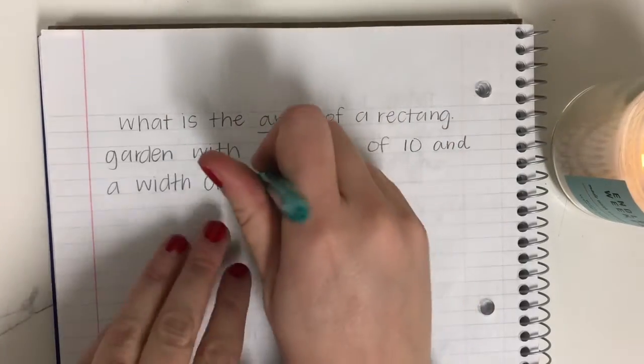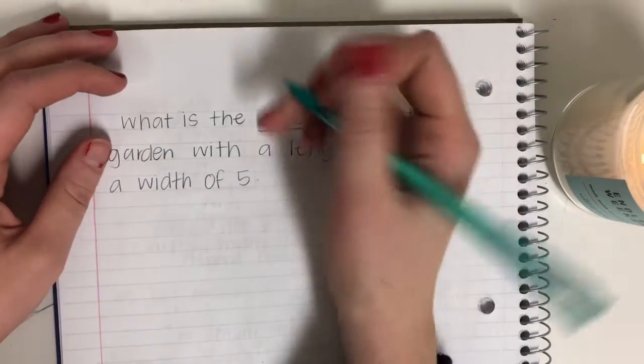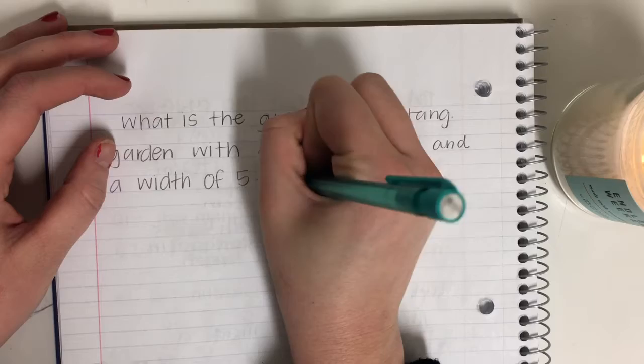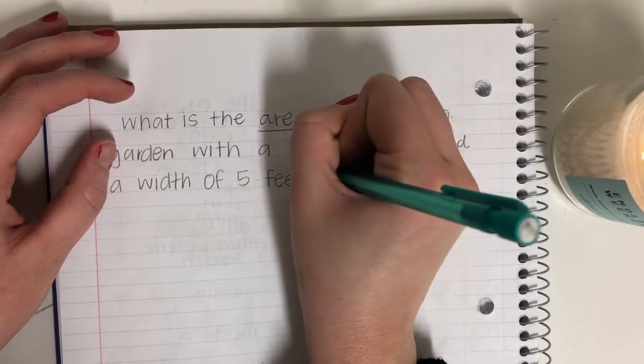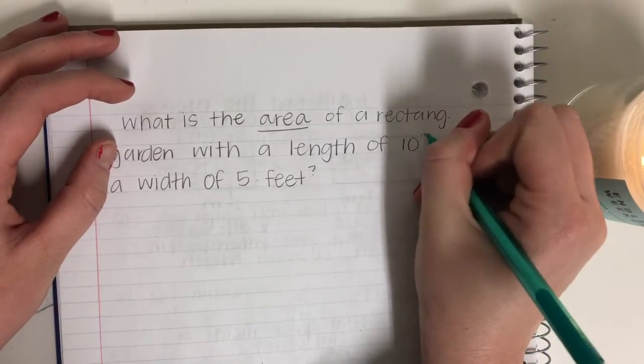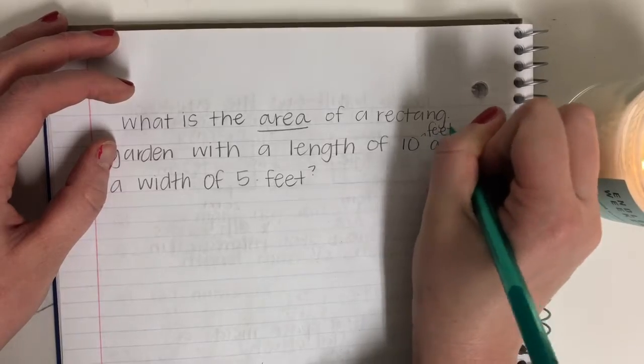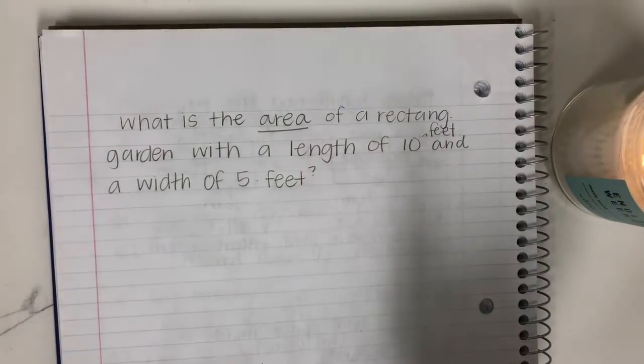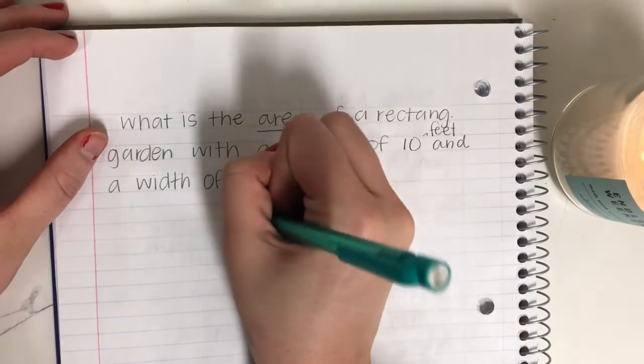Oop, can't forget our units. Our width of 5 feet. So I'm gonna add feet up here. Okay, first thing I'm gonna do is just draw it out really quick.